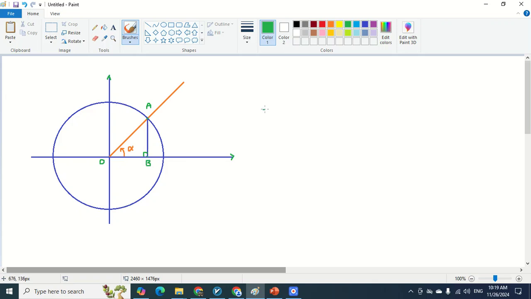Now if I want to calculate the sine of theta, then based on the definition, sine of theta is equal to the opposite side over the hypotenuse.